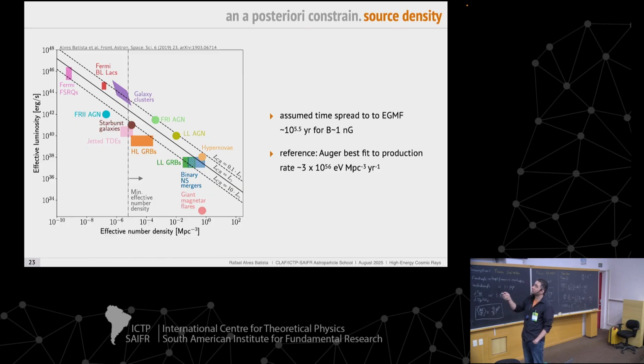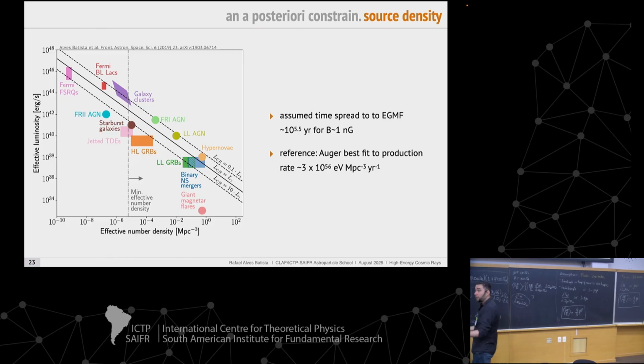In this case, you need a given luminosity. So your source has to be bright enough, and you have to have enough density of the sources to ensure that the number of particles that we get here at Earth is enough. So you see the cosmic ray spectrum. We've seen that many times today. We require that each source emits a given amount of energy per time, and we need to have a given number of sources within a given volume to ensure that we observe enough events.